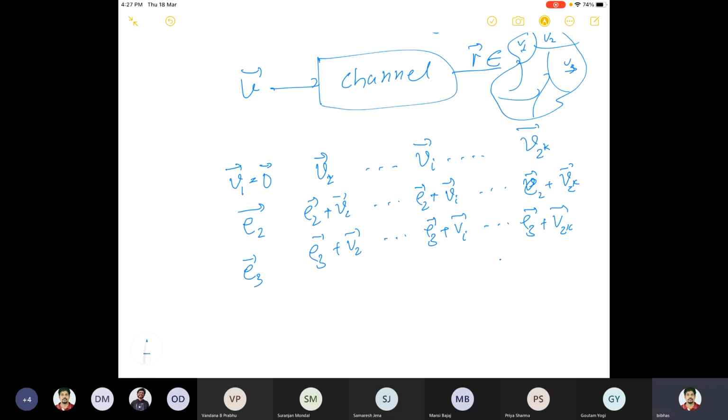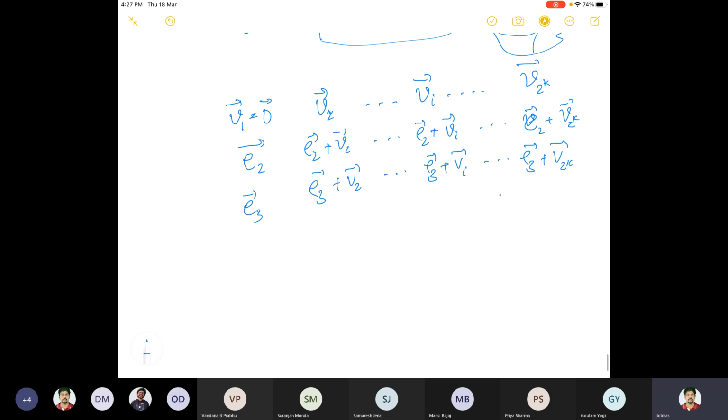How many such vectors will I be able to choose? E1 is 0, let's say, then E2, E3, E4, and keep on doing that. But I have to choose something which is not previously used. How many ways can I choose this initial vector?